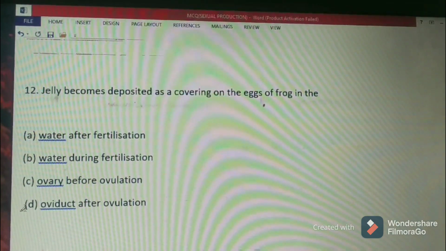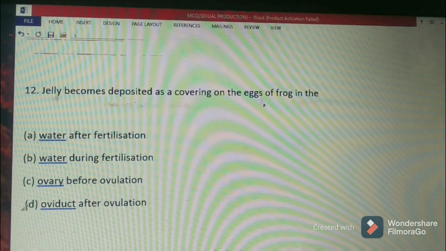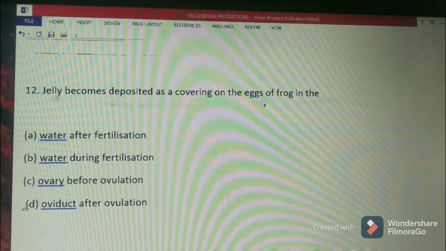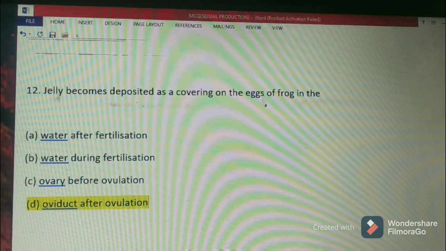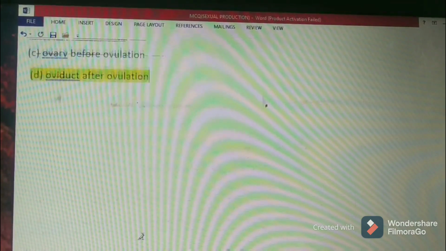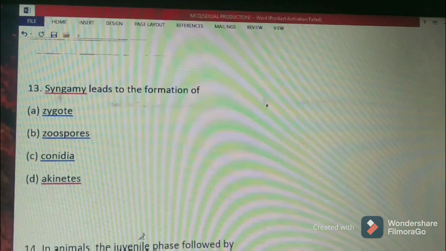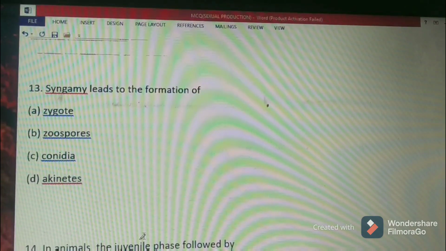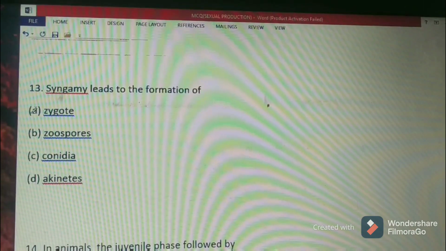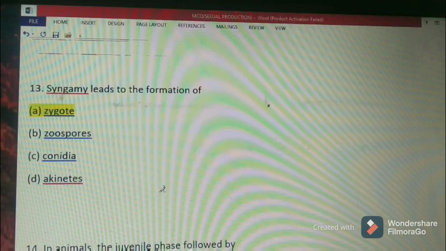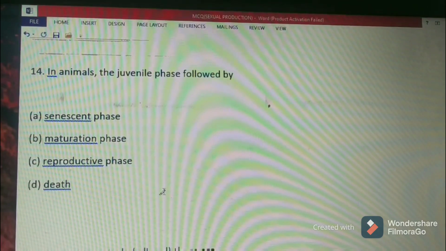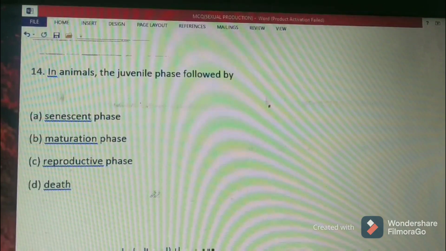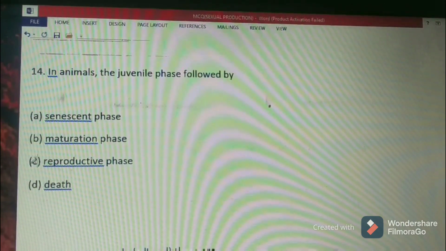The jelly becomes deposited as a covering on the eggs of frogs in the oviduct after ovulation. Syngamy leads to the formation of zygote. In animals, the juvenile phase is followed by the reproductive phase.